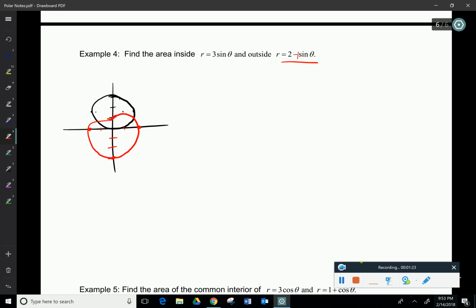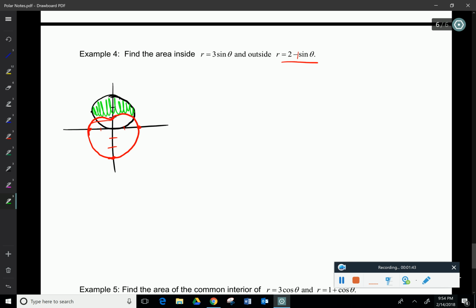Okay, that's kind of sorry. There, that's better. Anyway, notice it says we want the area that is inside that black circle but outside the red piece. So we're talking about all of the area out here, right?